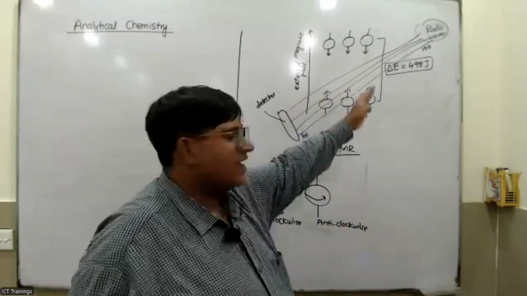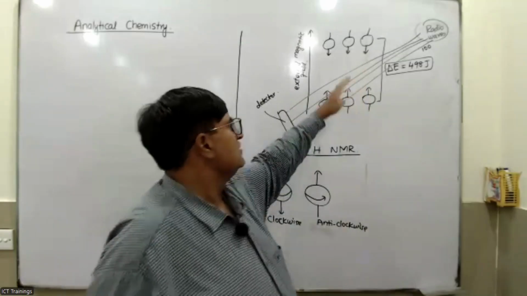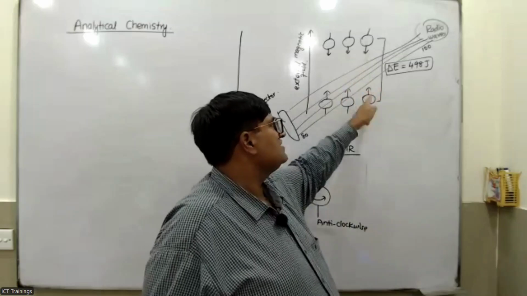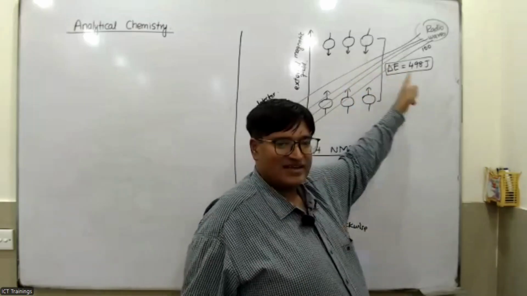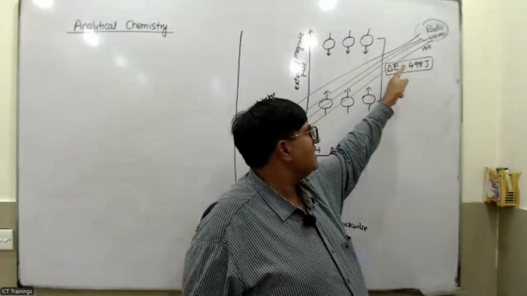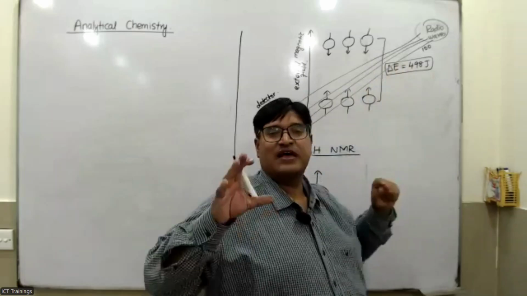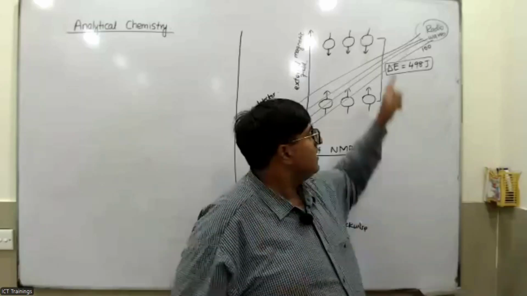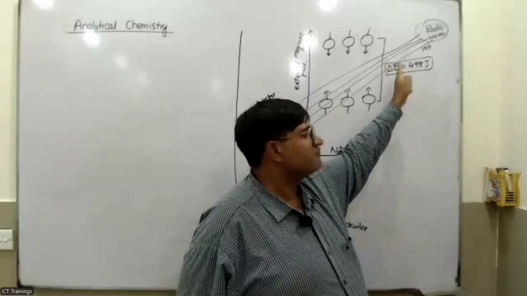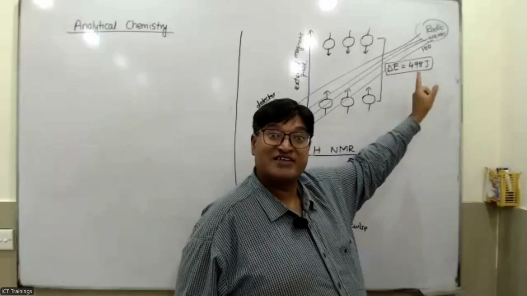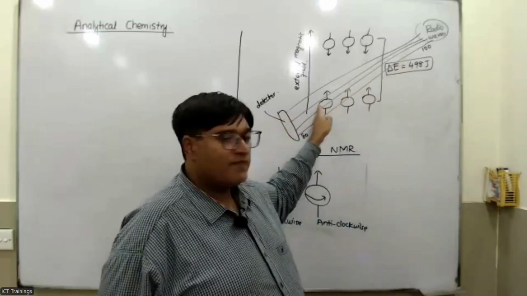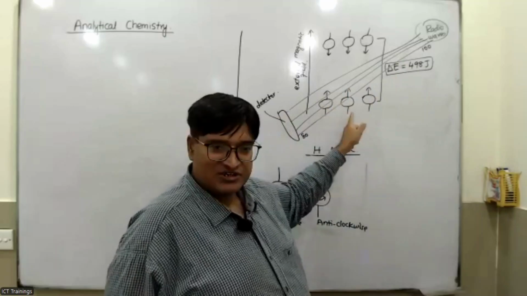But anyhow, what happens to those radio waves? Those radio waves whose energy is exactly equal to delta E, exactly. It's not like a radio wave having 500 joule of energy would be absorbed. No, any radio wave having 498 joule energy exactly would be absorbed by the spin states at low energy level.